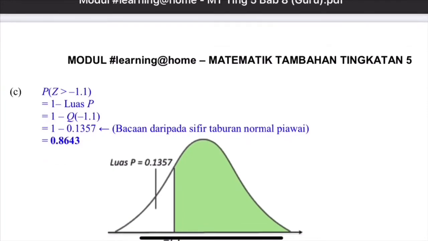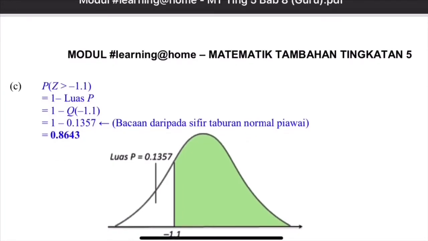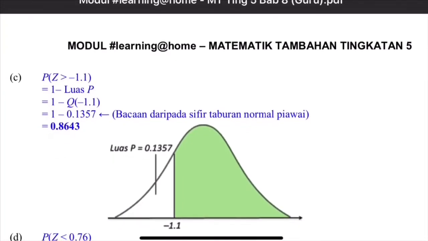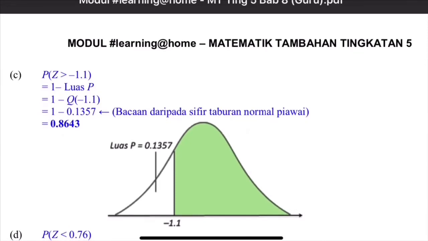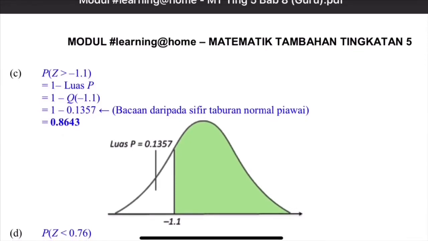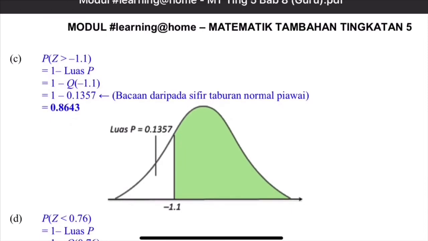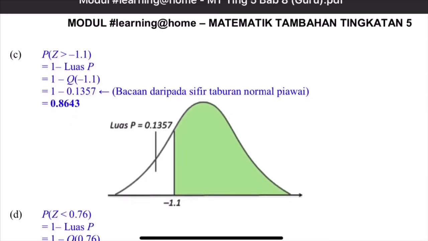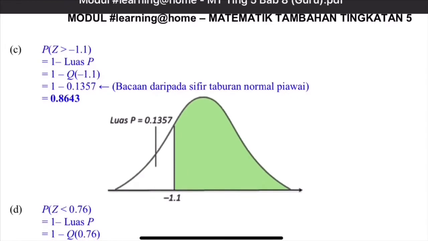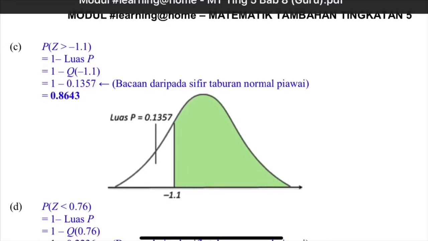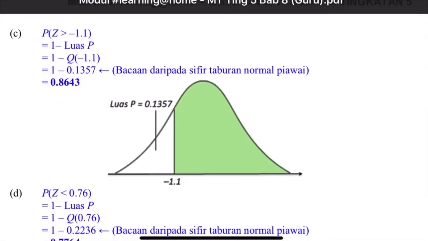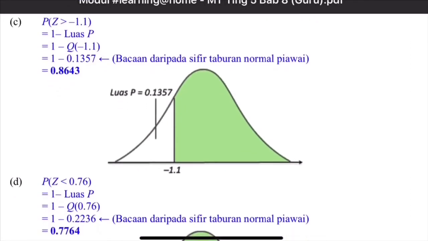Probability for z-score more than negative 1.1, which is equivalent to the whole bell minus the area for P. So for the area, you start from negative 1.1 and you shade to the right. You notice that it's almost more than half of the bell.